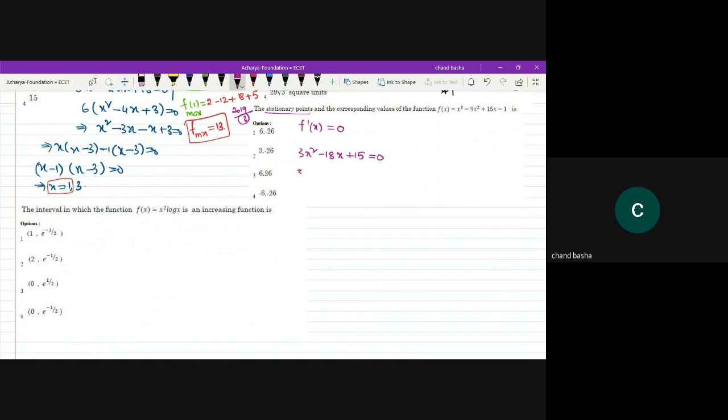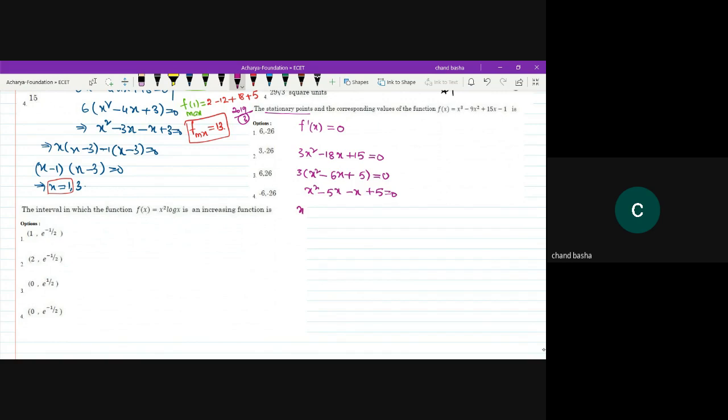Take 3 as common. x square minus 6x plus 5 is equal to 0. Take the factors of this polynomial. When I am finding the factors, x square minus 5x minus x plus 5 is equal to 0.